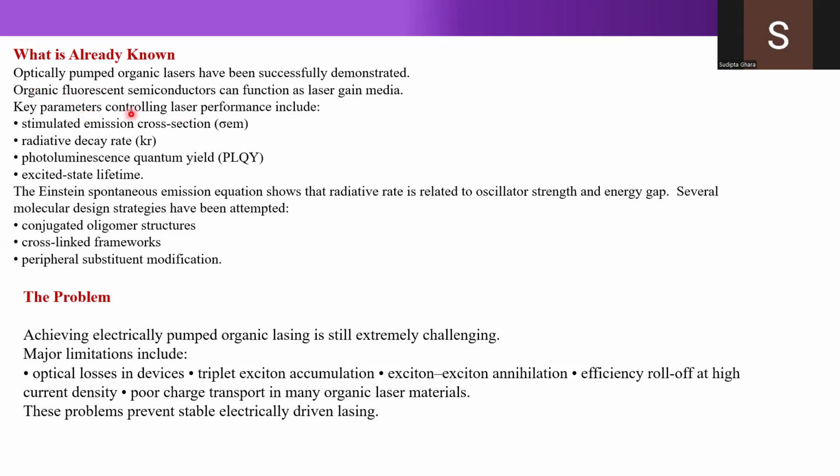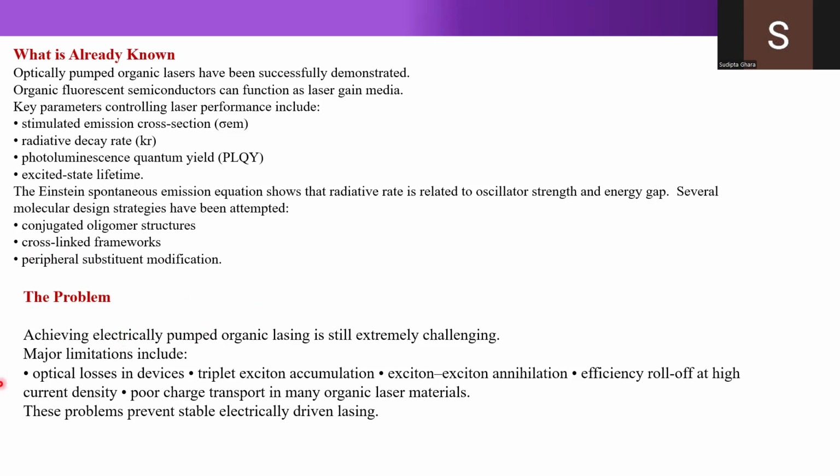Optically pumped organic lasers have already been successfully demonstrated. The key parameters controlling laser performance include the emission cross section, radiative decay rate, PLQY, and excited state lifetime. Several molecular design strategies have already been attempted, like increasing the conjugated polymer structure, cross-linked frameworks, and peripheral substituent modification.